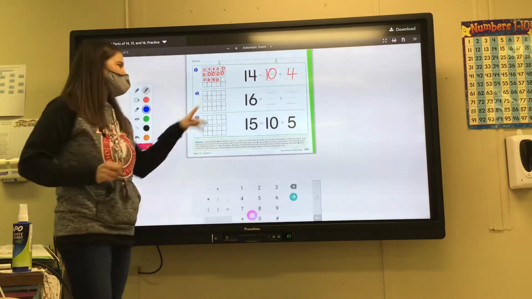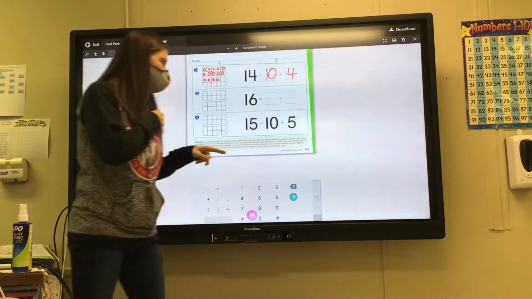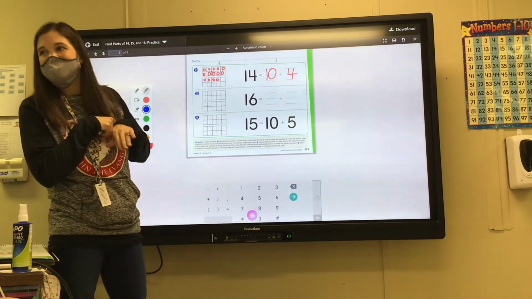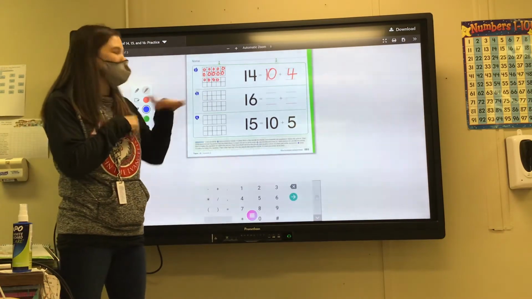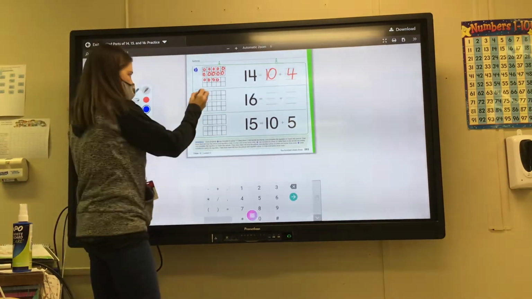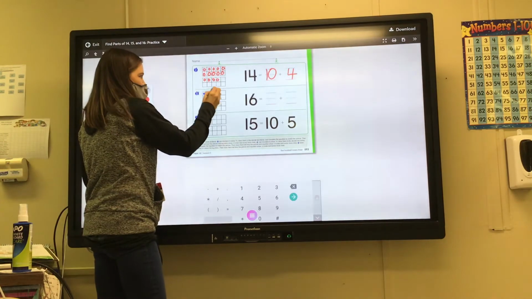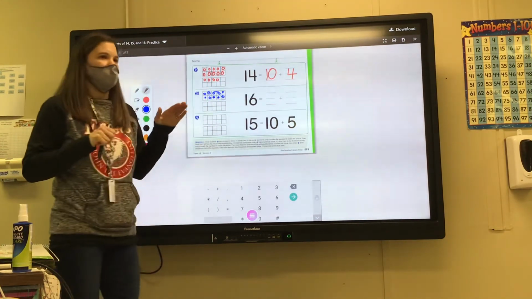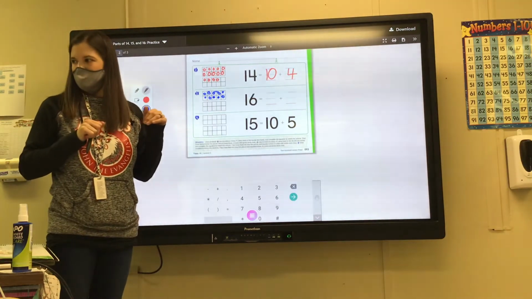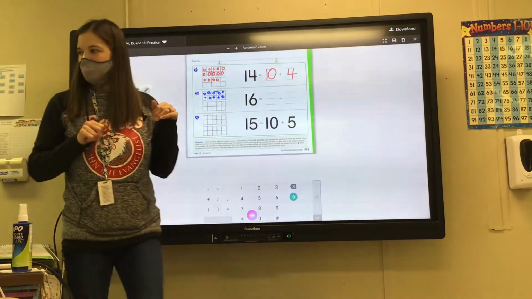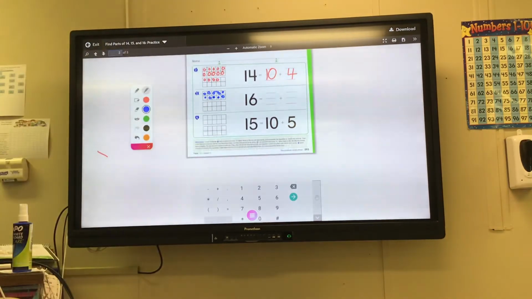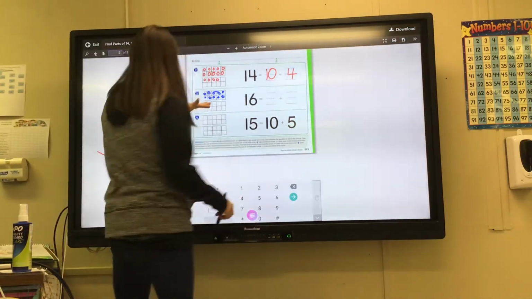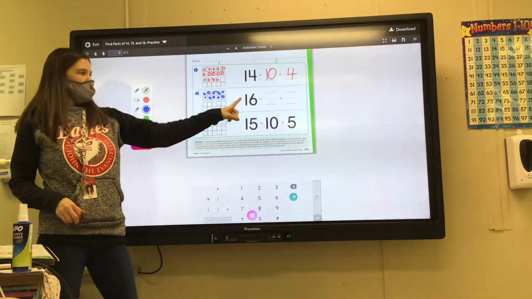Now let's move on to number 3. We are going to draw counters to show 16. Jax, how many are we going to put in the top 10 frame? 10. Fill in 10. You're doing good. How many are we going to put in the bottom 10 frame, Eastland, to make 16?